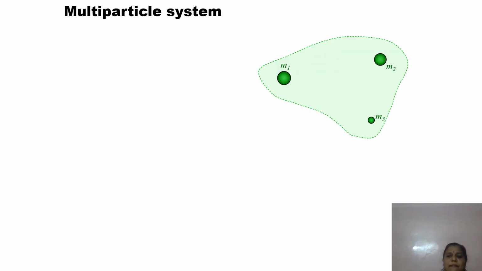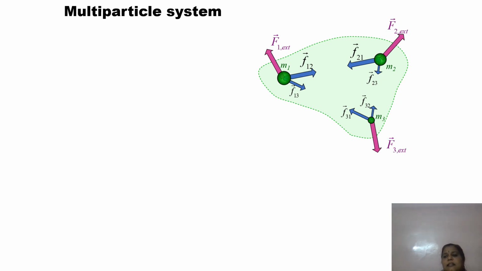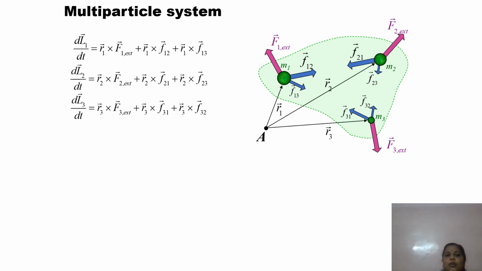Now let us extend this conservation of angular momentum to a system consisting of multiple particles. For example, consider masses M1, M2, M3. Mass M1 has an external force F1 acting on it, and M1 also has an impact on the second mass as well as the third mass.